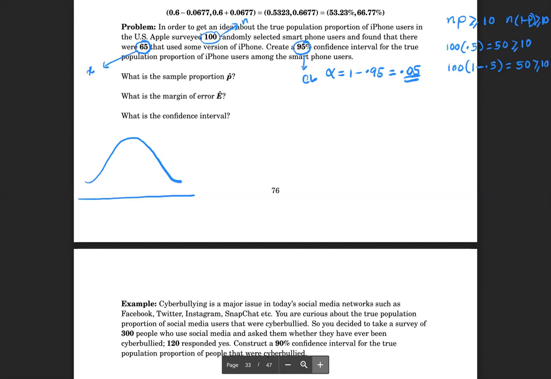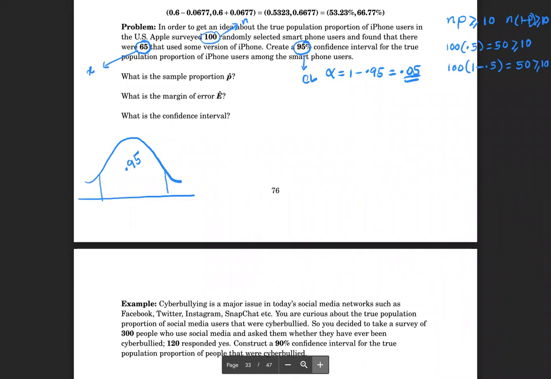So now what we are going to do, we are going to create the diagram. The middle portion should be 95% or 0.95. Now, what do you want to do?